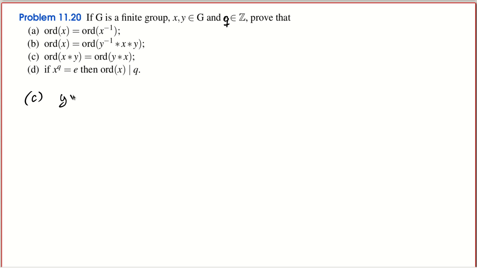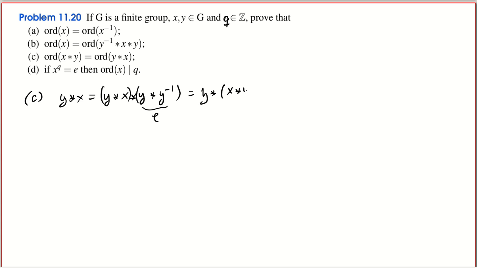Take y times x, and we're going to write this as y times x times y times y minus 1. This is just the identity, so this is just multiplying by the identity on the right. So that's fine. But now we can group this in a different way. We can group it like this.